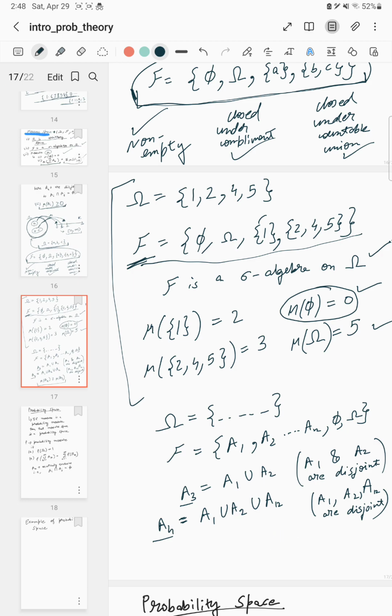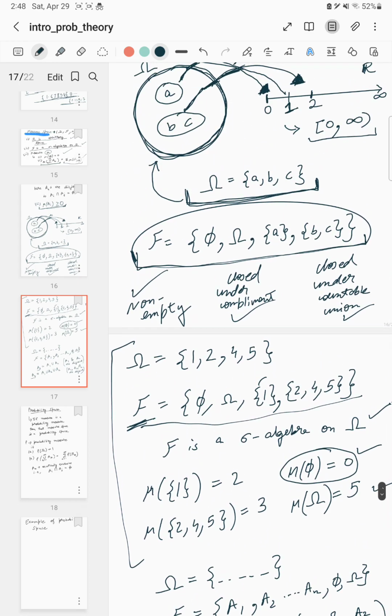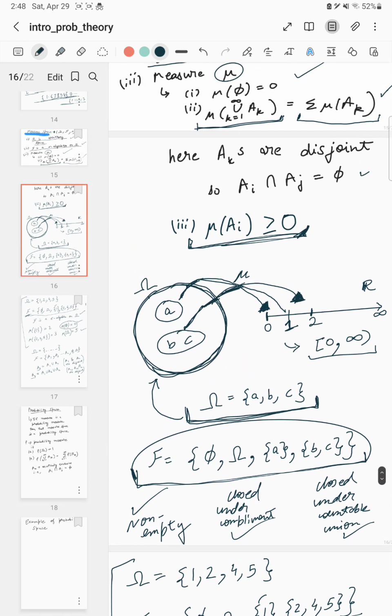Hence we have seen the monotonic property of this measure. So this is the basics of measure space. So we have learned in this video how to define a measure space and what a measure is, and in future videos we will see its uses in measure theory and in probability theory.